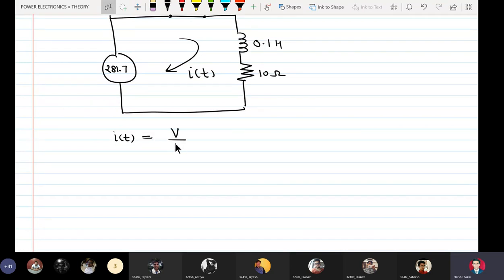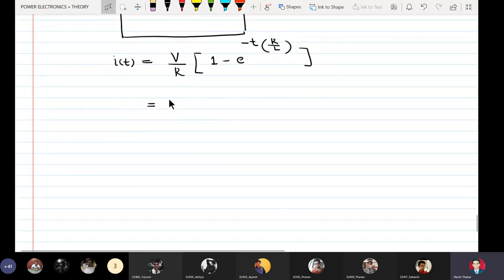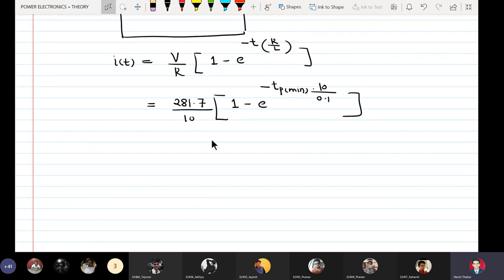I of t equals V over R into 1 minus e raised to minus t into R by L. In our case, it is now equal to 281.7 upon 10 into 1 minus e raised to minus Tp min into 10 over 0.1. Now I of t equal to this thing must be greater than or equal to latching current.